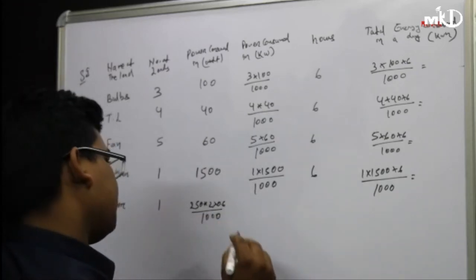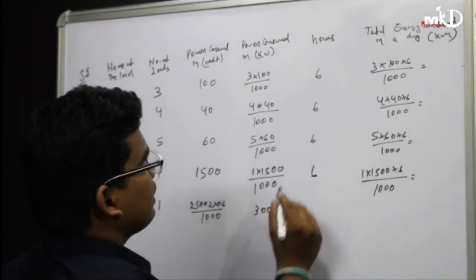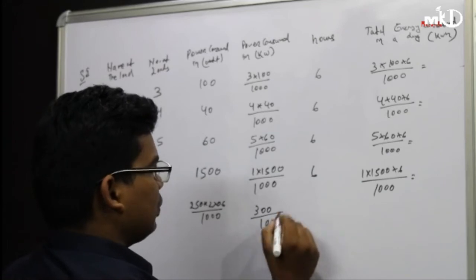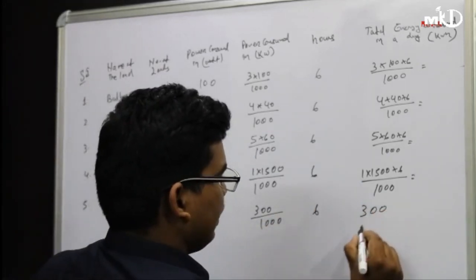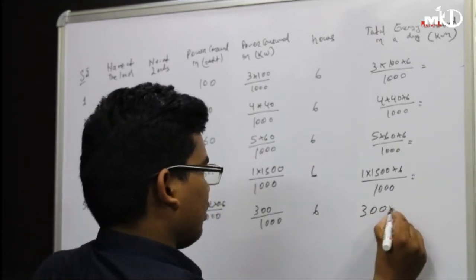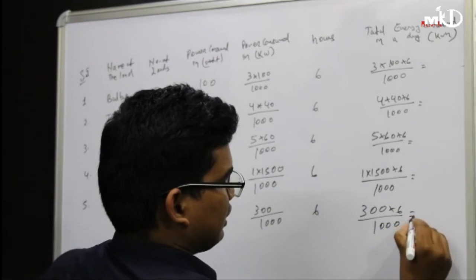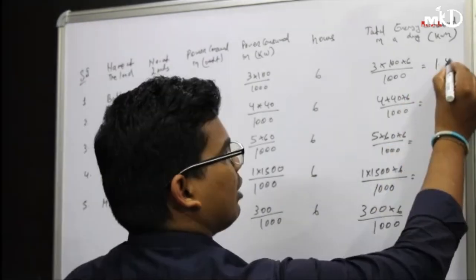It is 300 watts. Hours is 6. Then 300 into 6 divided by 1000 equal to 1.8.